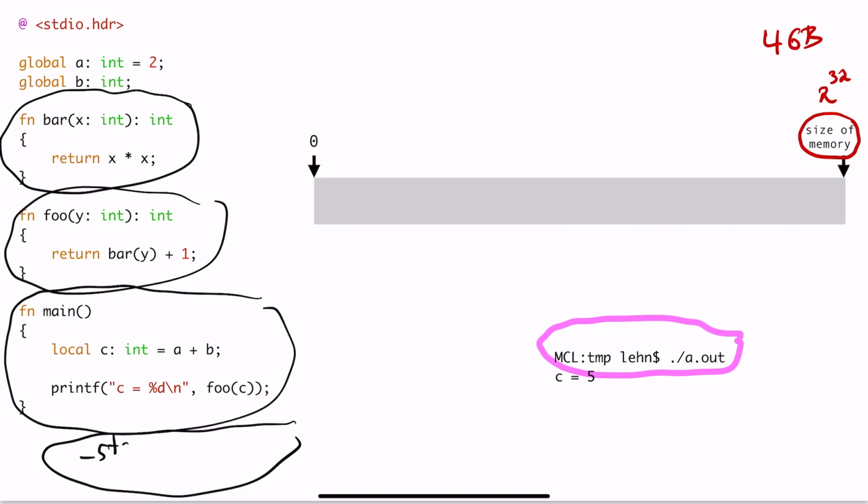And this function _start is actually called first when the execution begins. And this function _start then calls main. We come back to that later.